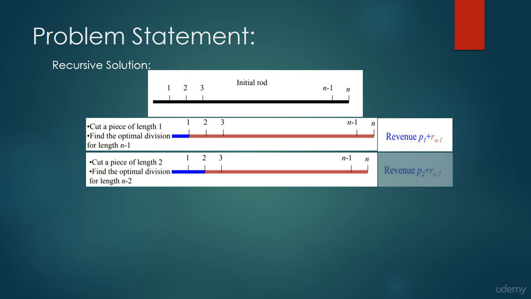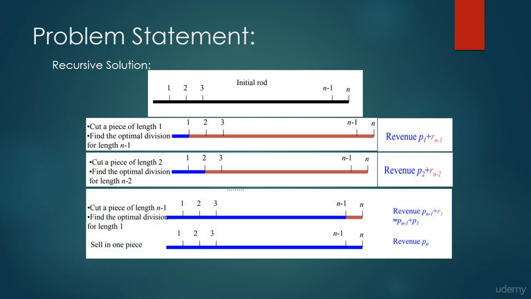That will give me a revenue of P2, the price for the small piece of two units, and the remaining n-2 gives me a revenue of R_{n-2}, the optimum for a rod of length n-2.